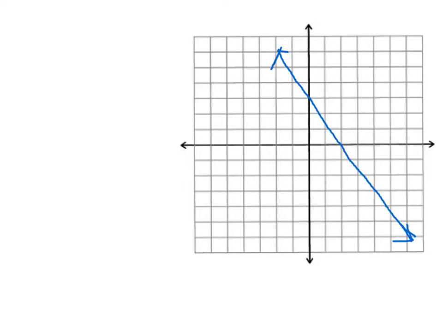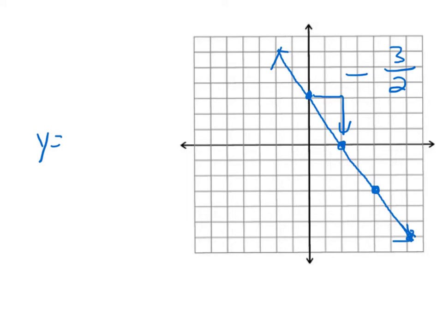Alright, let's take a look at this one here. We're crossing right here, and right here. It looks like right there. So we've got y equals, now for the m, I'm going down, so I should have a negative slope here. And I go over 2. I'm going down 3.